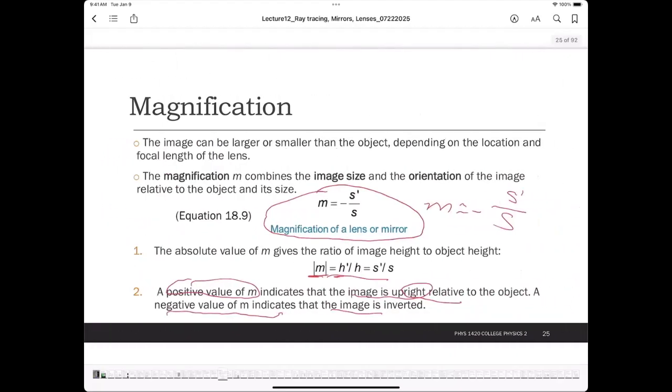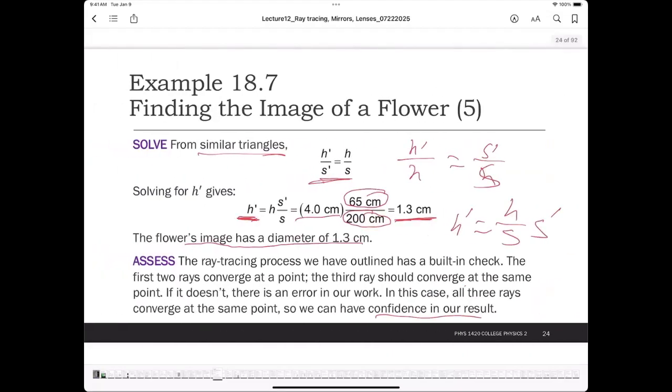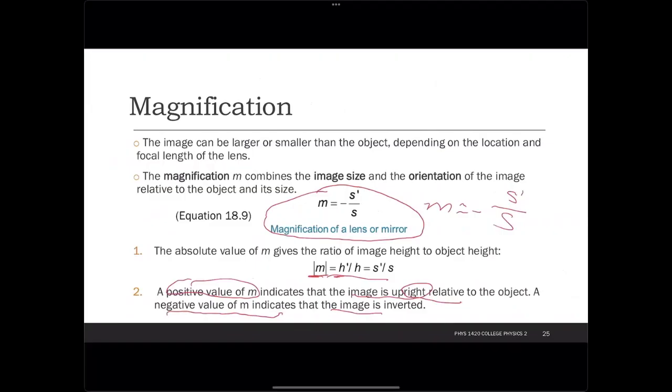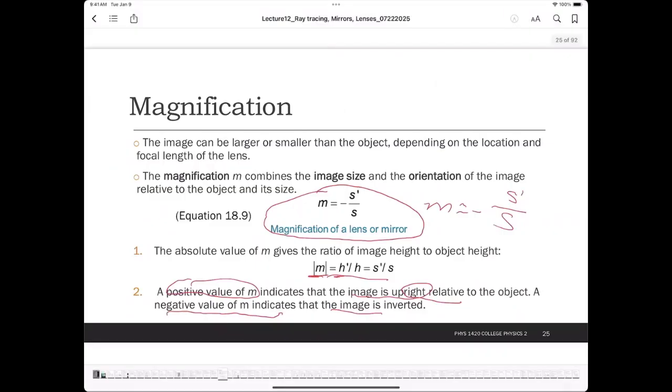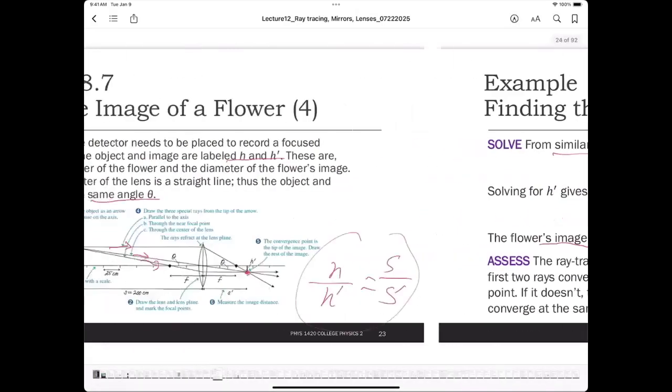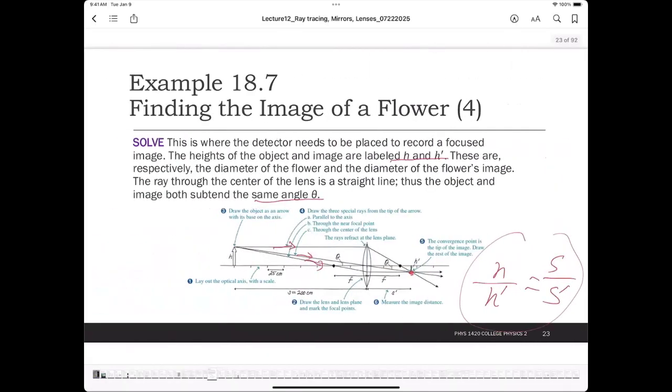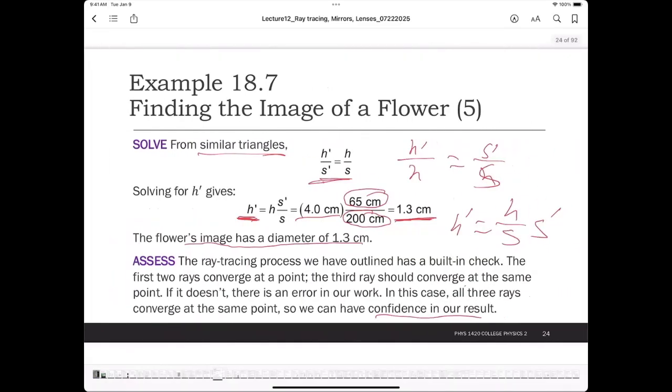If you want to calculate the magnification, you need to use negative h' divided by h, or s' divided by s. And this is negative for this image because the image is inverted. So the magnification should be negative.